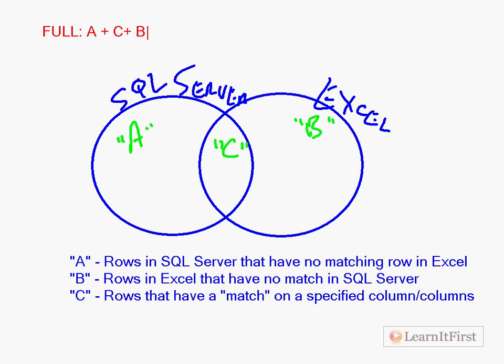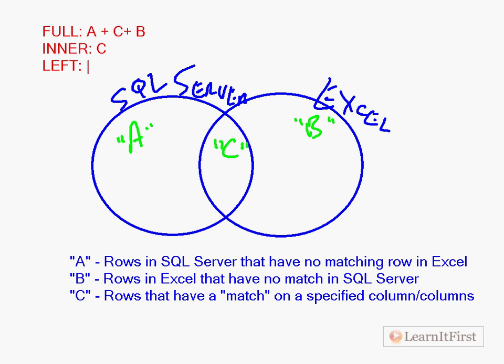You get all of the results. An inner join is strictly C. In other words, it only returns the rows from both sets that were identified as a match. And then in a left join, well, you get to define who is on the left.